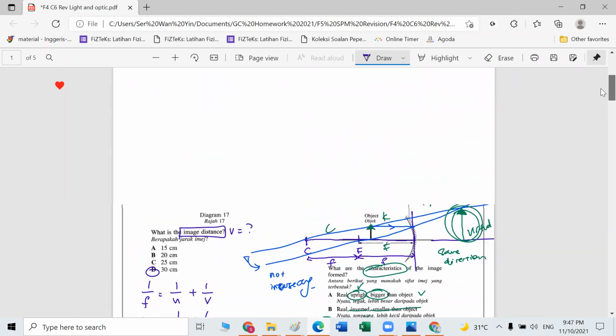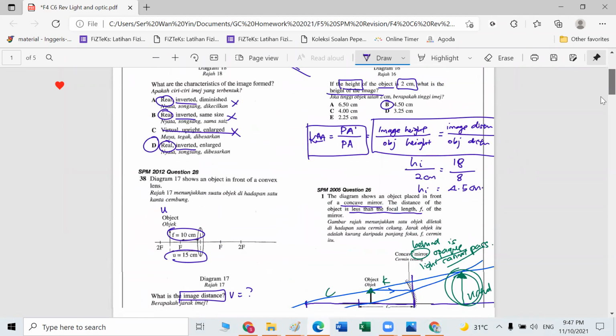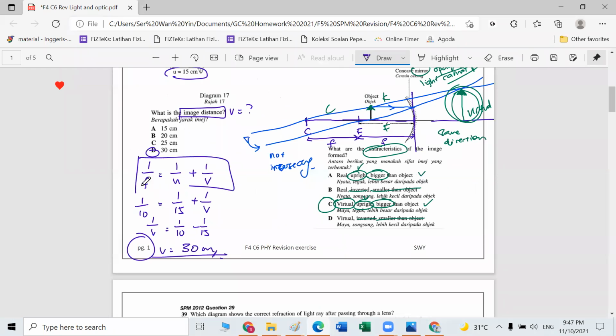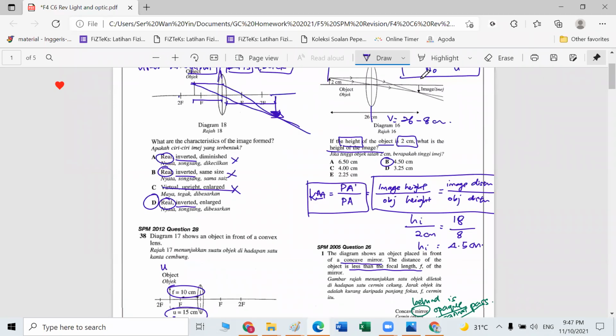Okay, so the calculation is quite simple. This one is given in the formula list. This is not.